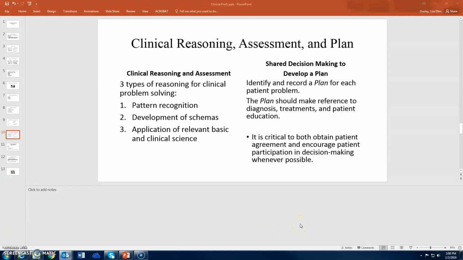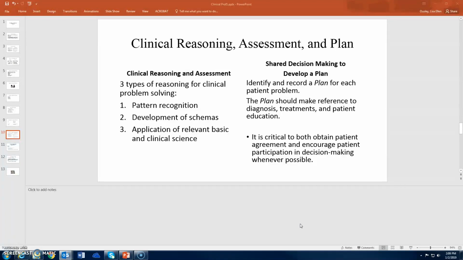So I want you to look at those 3 types of reasoning for clinical problem solving. You're going to look at pattern recognition, development of schemes, okay, or the same story that's being repeated, the same findings or alike findings, application of relevant basic and clinical science.